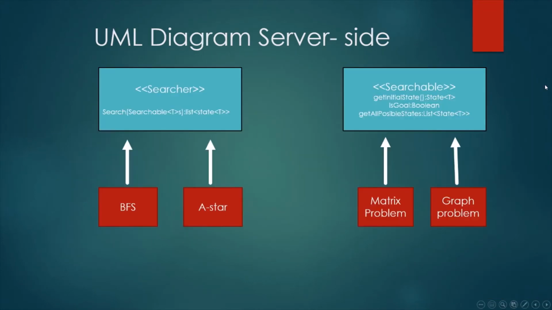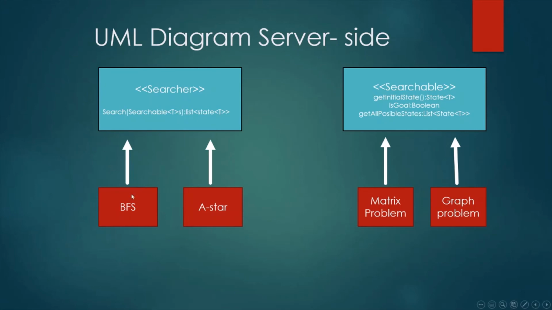The server contains another two interfaces, Searcher for the search mechanism and Searchable for the data structure to run the mechanism on. We've separated these two for further development due to the open-closed principle. This part is relevant for the calculation of the shortest path from the aircraft's current position to the destination.